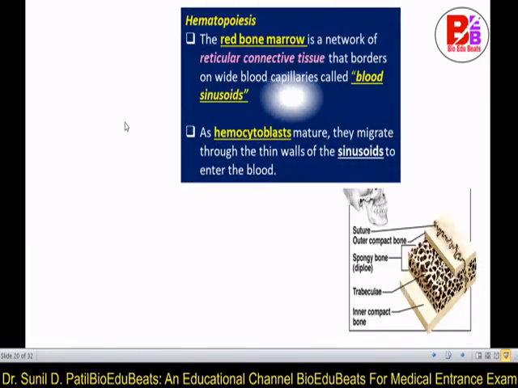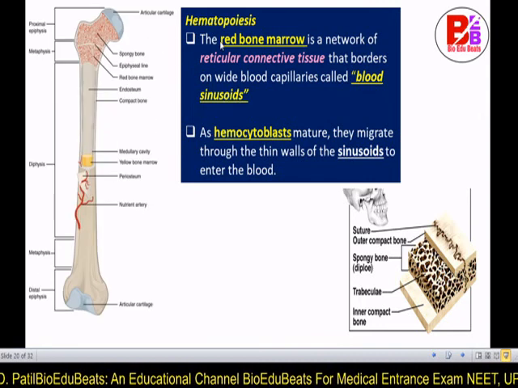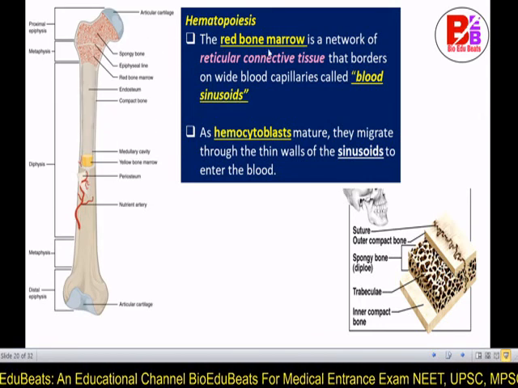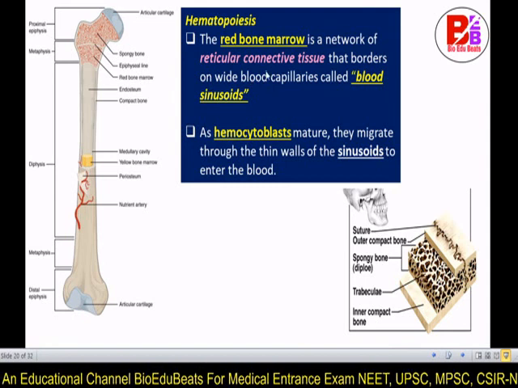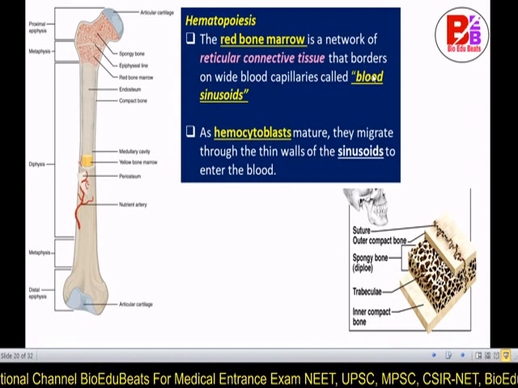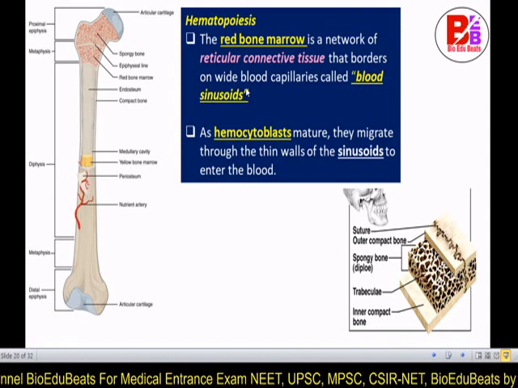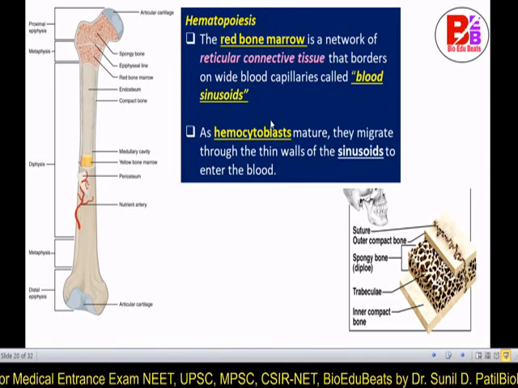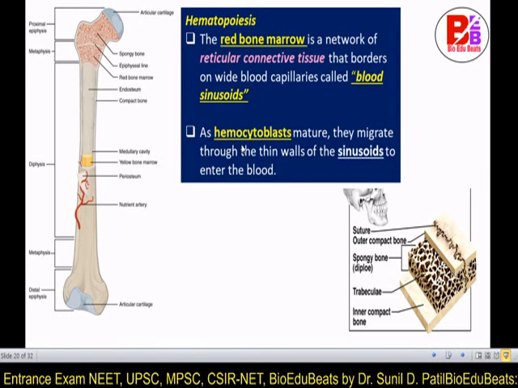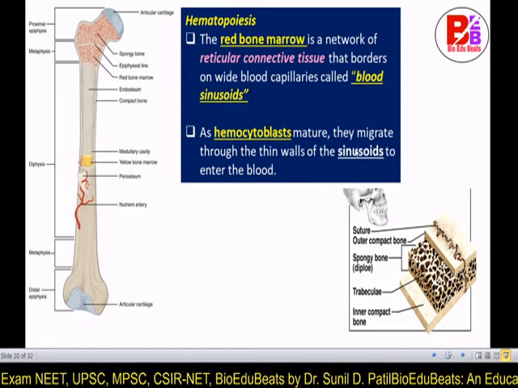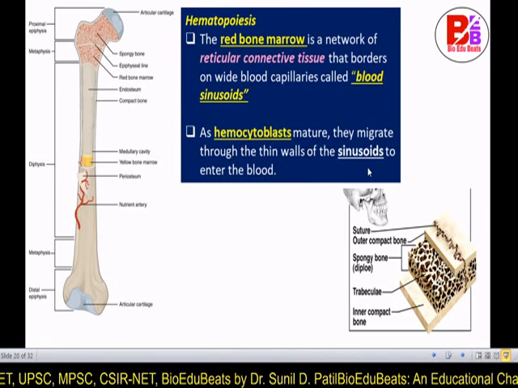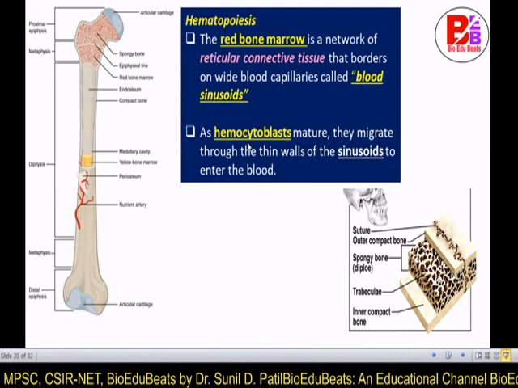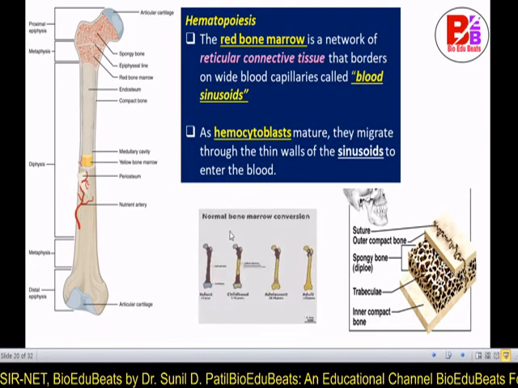In hematopoiesis, the red bone marrow is a network of reticular connective tissue that borders on the wide blood capillaries called blood sinusoids. As hemocytoblasts mature, they migrate through the thin wall of the sinusoid to enter the blood. We are going to see this again in the next figure in detail.